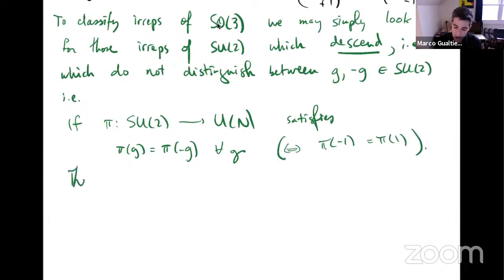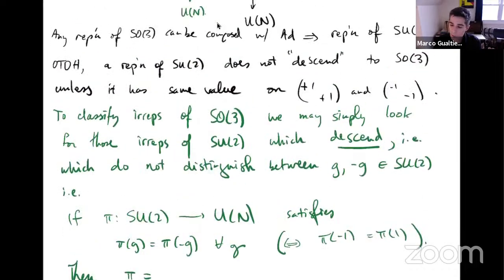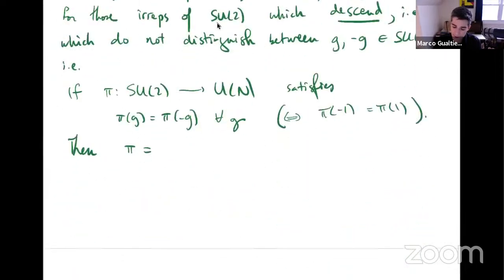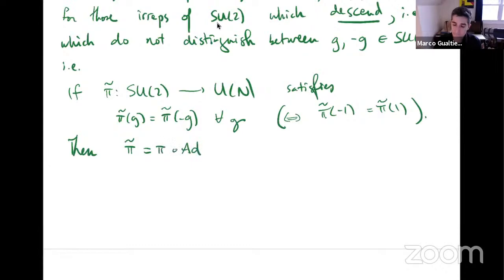Okay, then, let me call this one pi tilde, sorry. If pi tilde is a representation of SU2 satisfying this condition, then pi tilde can be expressed as the composite of Ad with pi, for pi a representation of SO3. Okay, this is the basic idea.